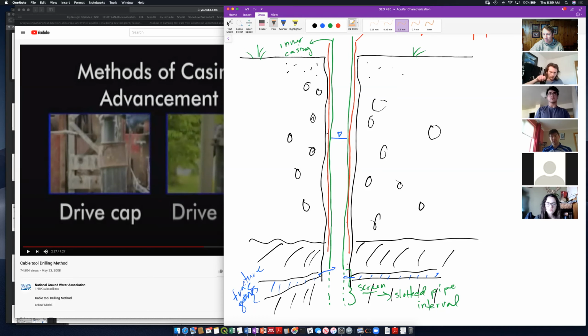Otherwise, water could come in here and come up through here, or water, say in this portion of the material, could come down, work its way down the annulus and into our screen. So this area between the casing and the soil is called the annulus, and we have to seal the annulus.